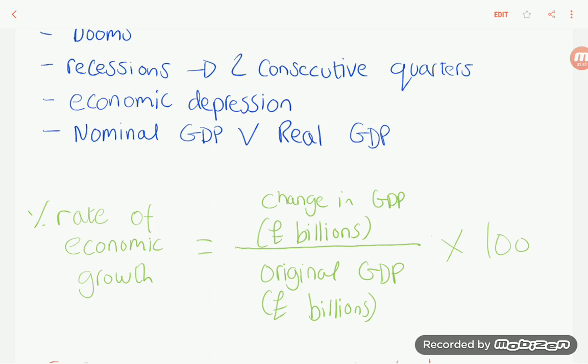Some GDP growth may be due to rising prices, i.e. inflation. Nominal GDP is the name given to a GDP figure that hasn't been adjusted for inflation. This figure is misleading. It will give the impression that GDP is higher than it actually is.